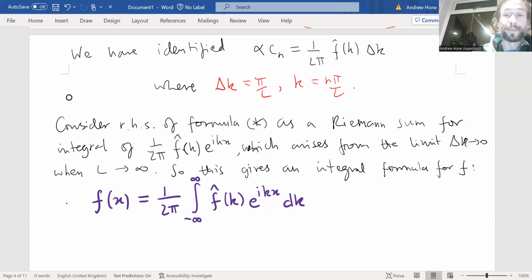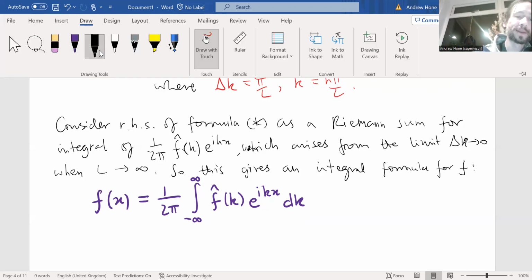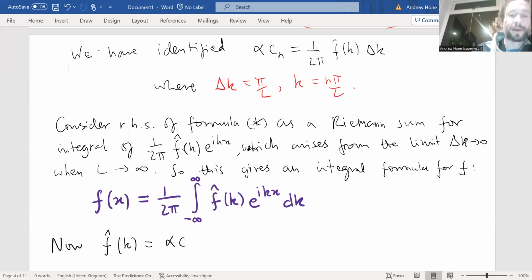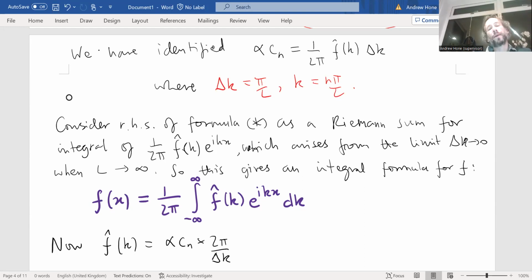Okay, so what do we want to do? We want to now find a formula for f hat. So now f hat, okay, well, what is that? It's equal to alpha Cn times 2 pi over delta k. But what is delta k?